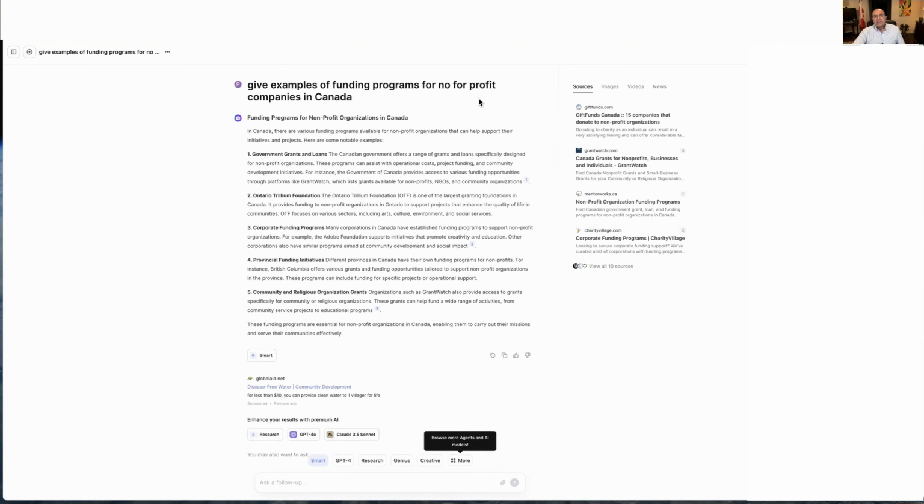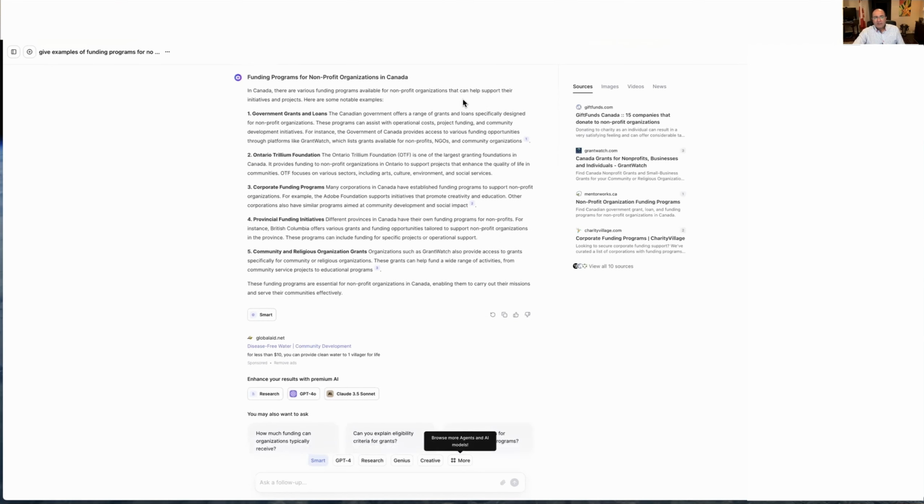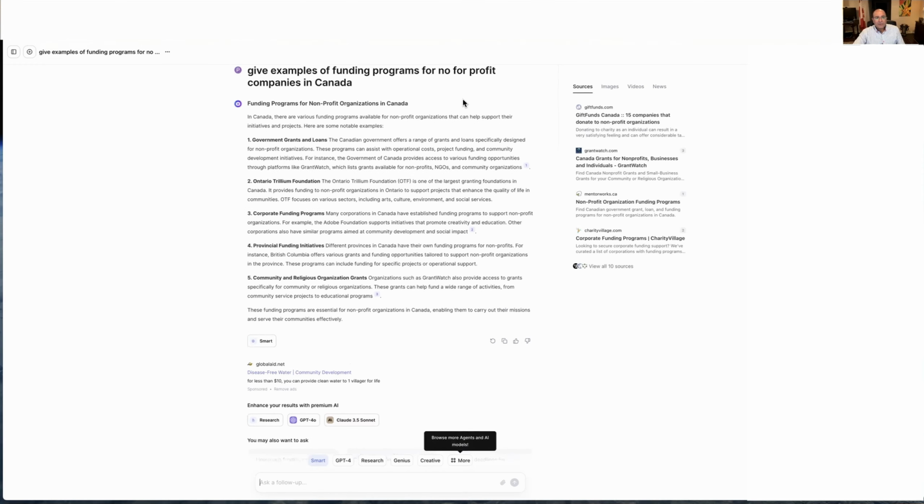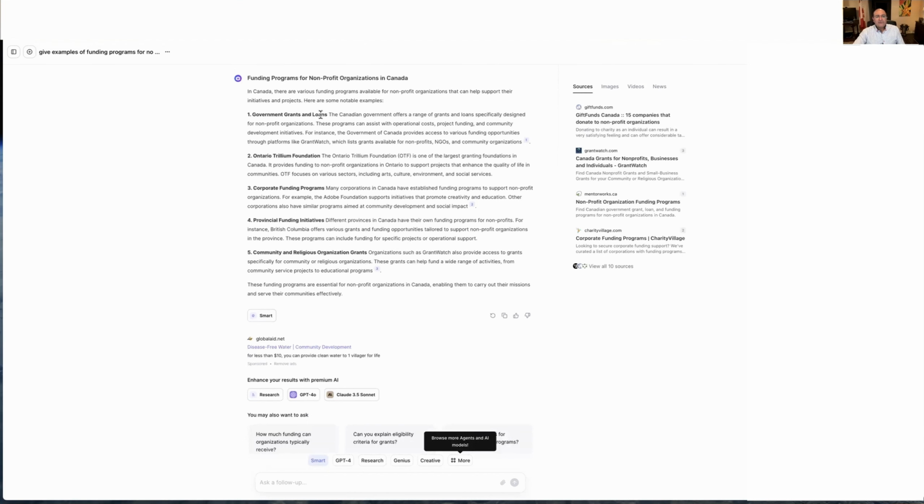Now, giving you examples of funding sources for non-for-profit organizations in Canada, we can look into government grants and loans. The Canadian government offers a range of grants and loans specifically designed for non-for-profit organizations. Don't think that they are $2-3 million.